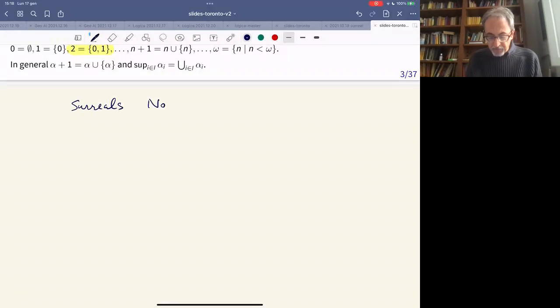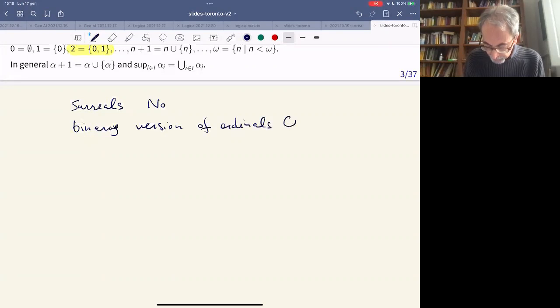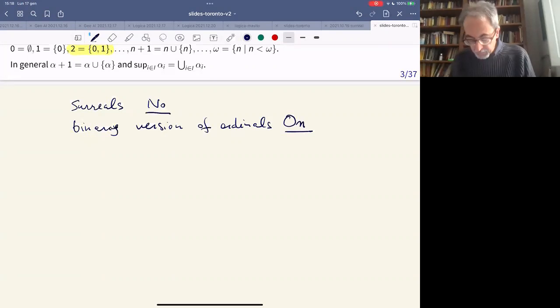So instead of having one successor function, you have two successor functions. It's a binary version of ordinals. The ordinals are called ON and the surreals NO. So you start with 0, you have a left successor and a right successor.